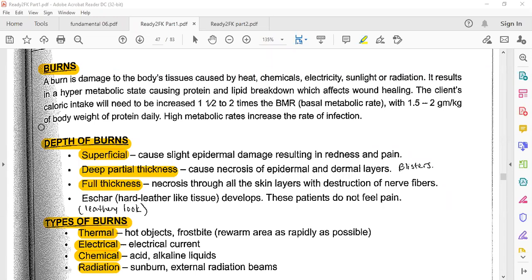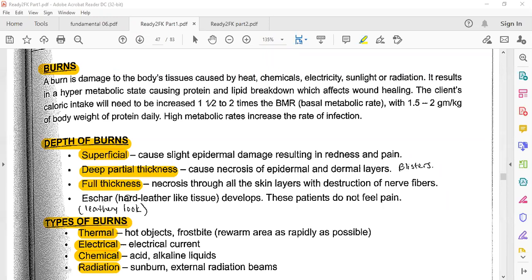First of all, let me focus on the types of burn. We categorize them into three major types. Superficial burn, which we call first degree. Second, deep partial thickness, which is second degree burn.